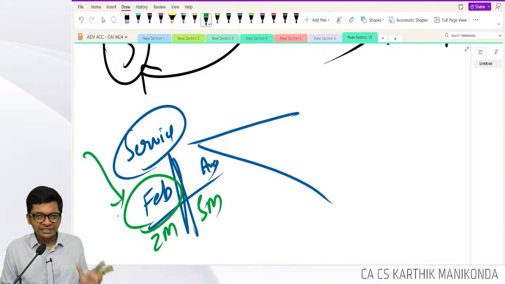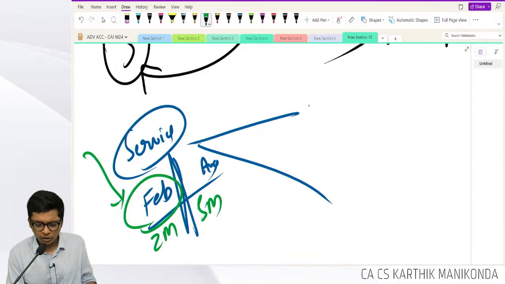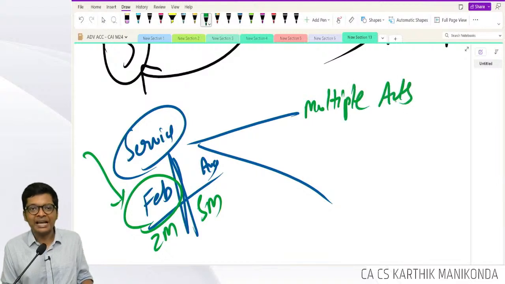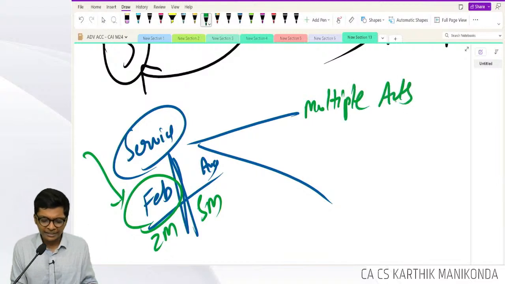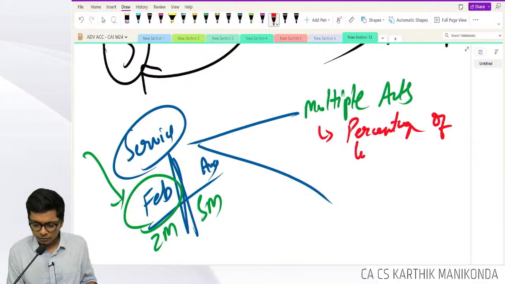Whatever revenue comes in, can I apportion using a time ratio? No. If revenue is for a long period, having multiple acts over a long period, the accounting is on a percentage of completion method.